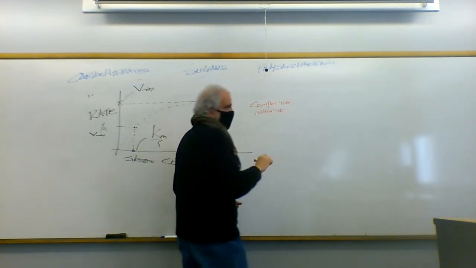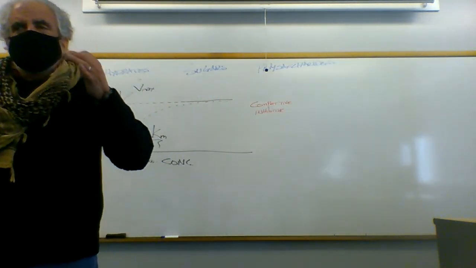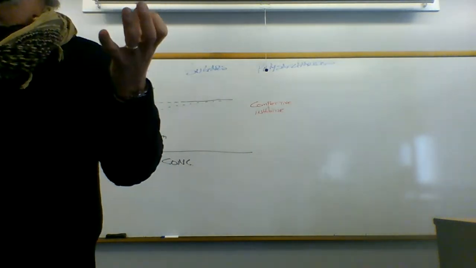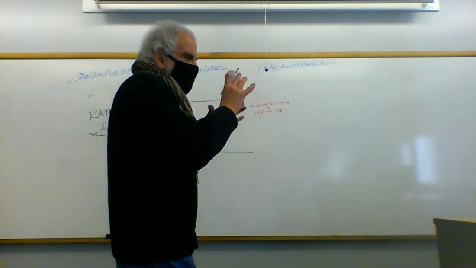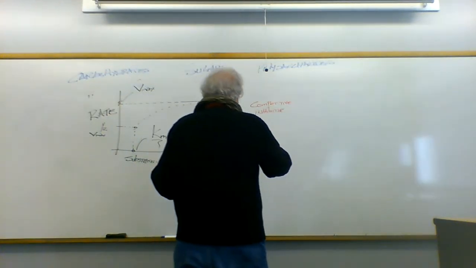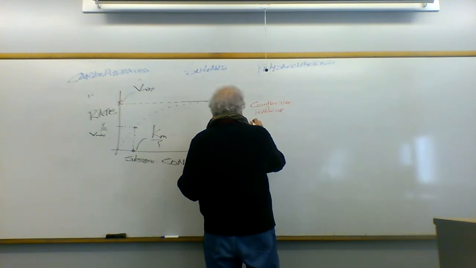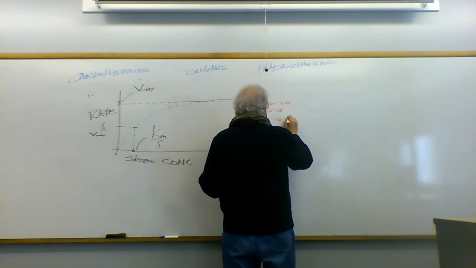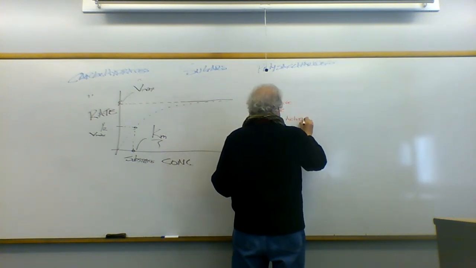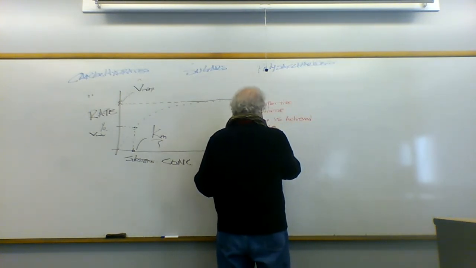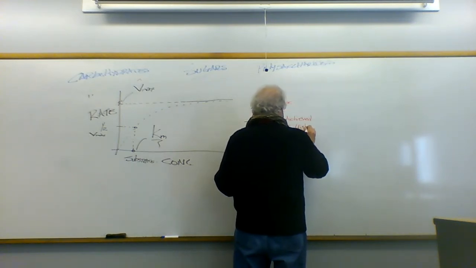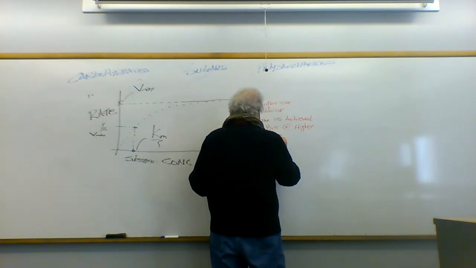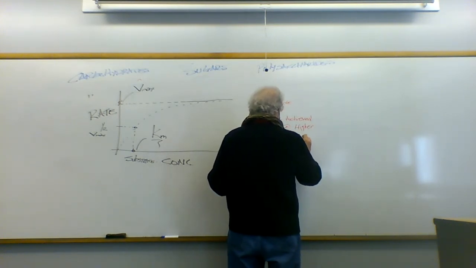And a competitive inhibitor is some kind of molecule, drug, but some kind of molecule that is primarily going to be mimicking the substrate. And what's going to happen is Vmax is achieved, but at a higher substrate concentration.